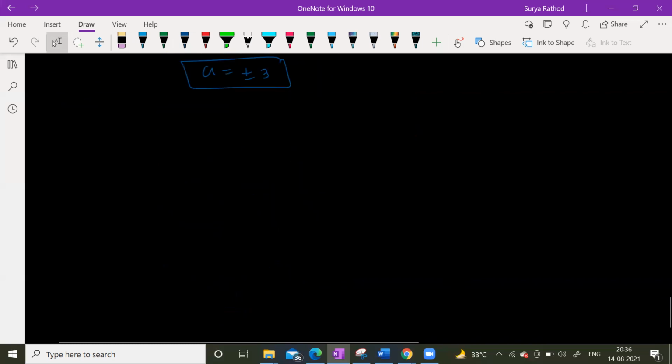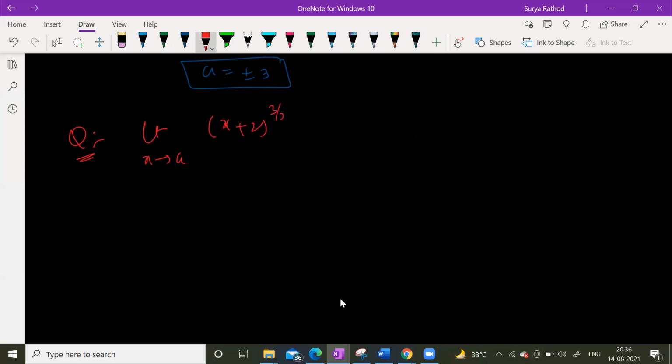So yeah, the last question of the standard limit, now we'll solve. Limit x tends to a. This is the question.